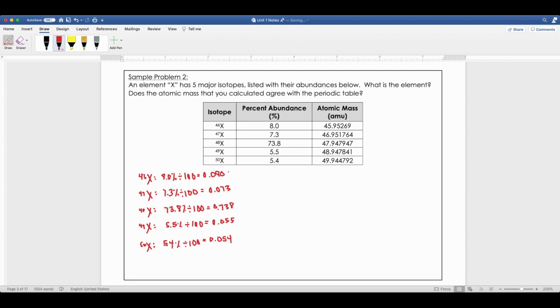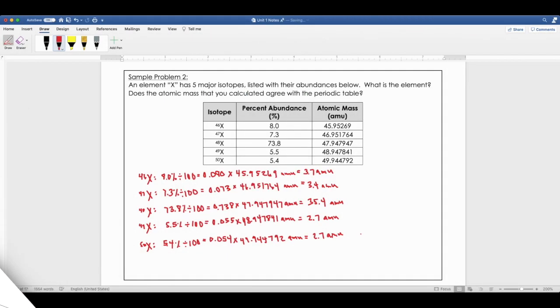So for this first one, I'm just going to multiply that by 45.95269 AMU. And I'm going to get some value. So I'm going to do this for the rest of these, and you can do the same. And there's that next part there.